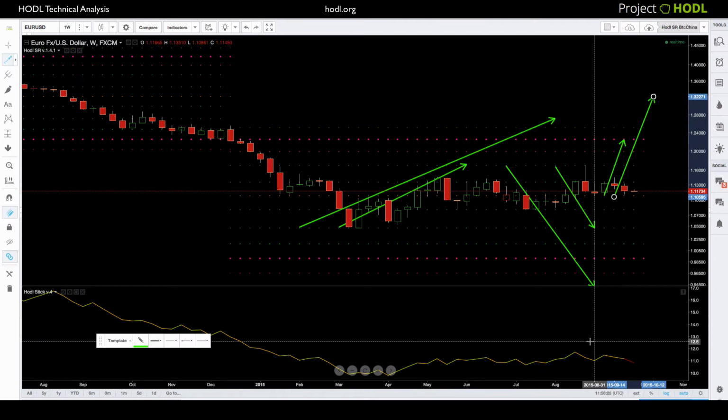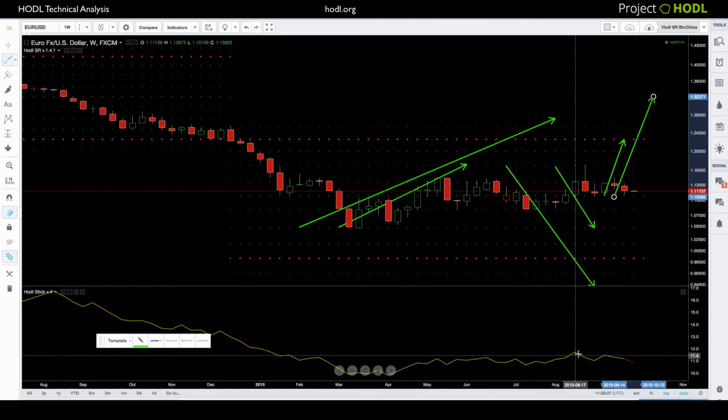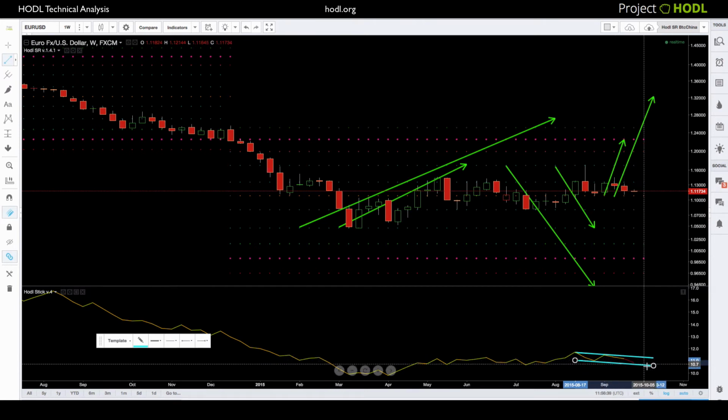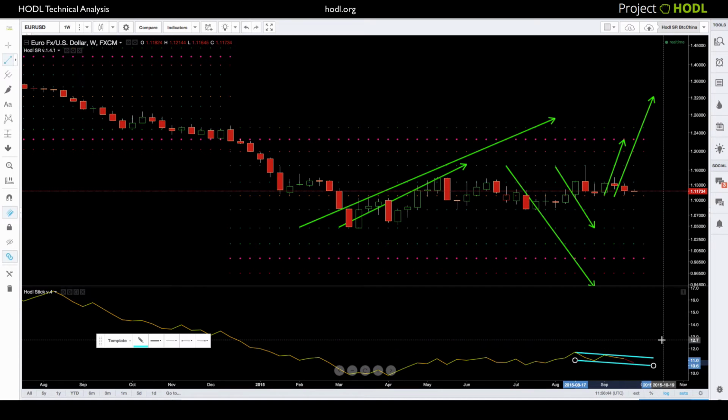Let's take a look at the stick. The stick is also pointing down. Let's draw a channel. It's going something like this. We must still wait for another bottom of the stick, so we can draw a proper channel.